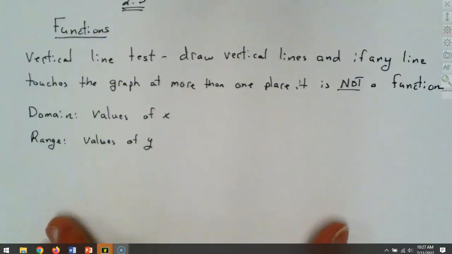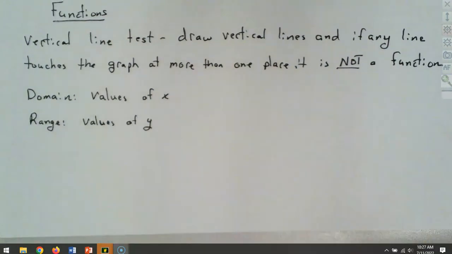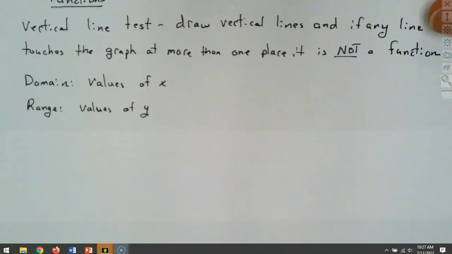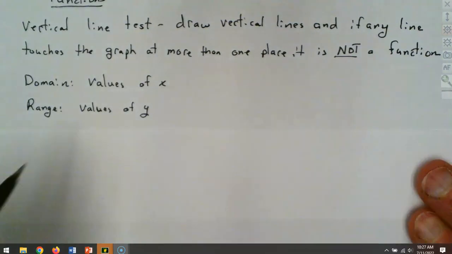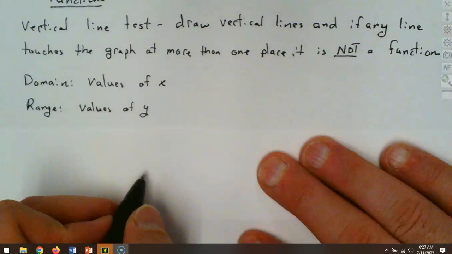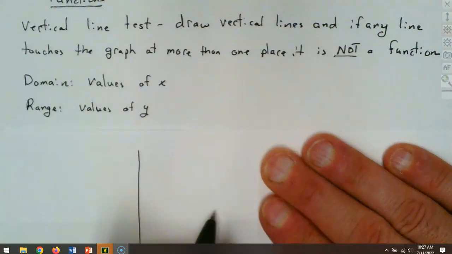And I know we've covered these before, and there's not much to these. I'm going to give you some graphs, and then we're going to talk about these graphs, and we're going to find the domain and the range. And tell me if it's a function or not. So here's a graph.